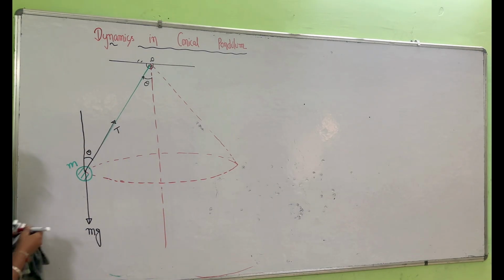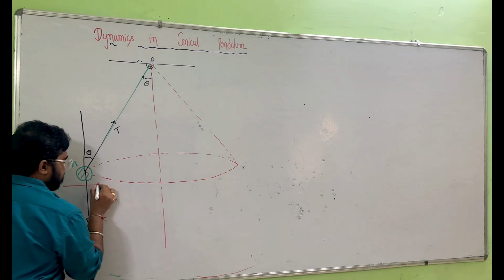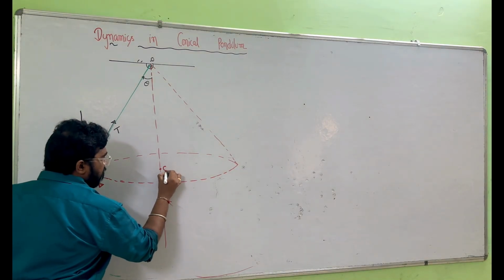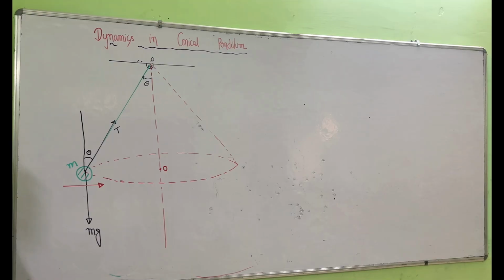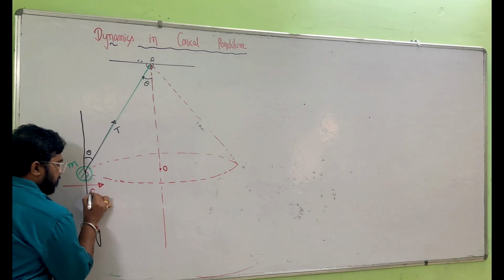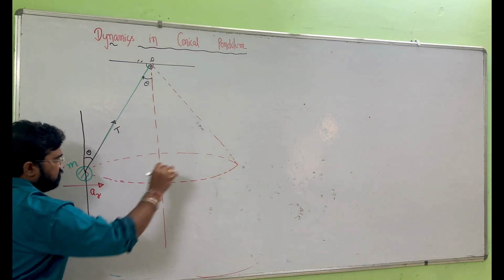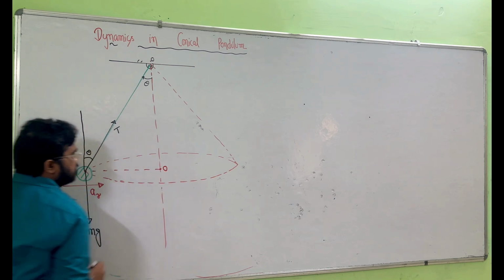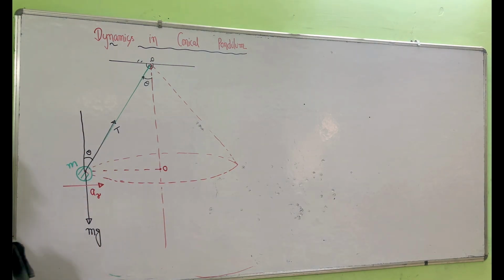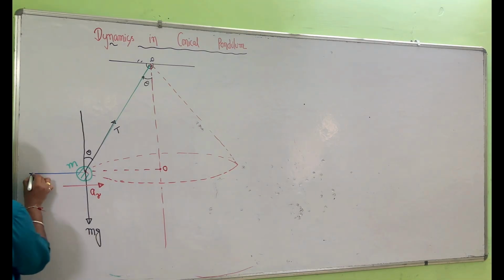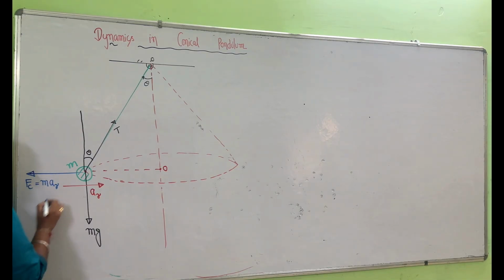Understood? Centrifugal force. Radial acceleration always acts towards the center of circular motion. Centrifugal force always acts opposite to the direction of radial acceleration, or away from the center of circular motion.